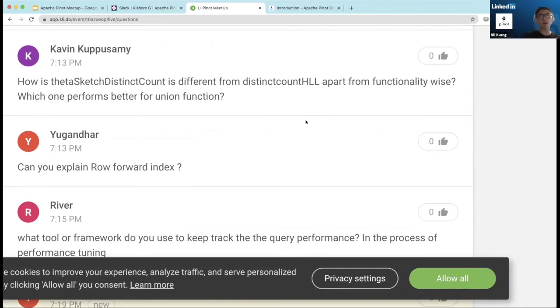Yeah, so how is Theta Sketch different from HyperLogLog from a functionality wise, and which one performs better for union only functions? Outside of the algorithm itself, it is different. If you only need union, HyperLogLog is better, and again, this is on the Theta Sketch Apache website. Theta Sketch is about 2 to 16 times bigger in terms of size if you want the same accuracy for unions.